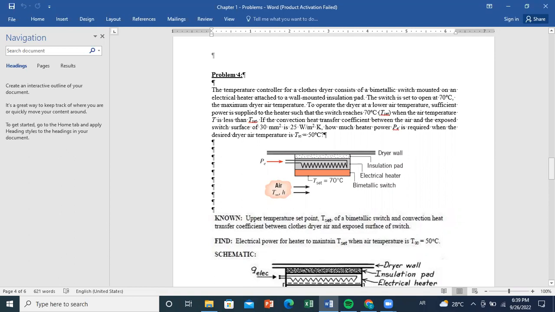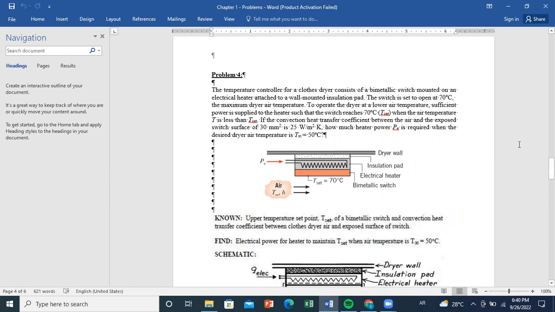To operate the dryer at a lower air temperature, sufficient power is supplied to the heater such that the switch reaches a temperature of 70 degrees when the air temperature T infinity is less than T set. If the convection heat transfer coefficient between the air and the exposed switch surface of 30 millimeters square is 25 watt per meter square Kelvin, how much heater power PE is required when the desired dryer air temperature is T infinity equals 50 degrees?